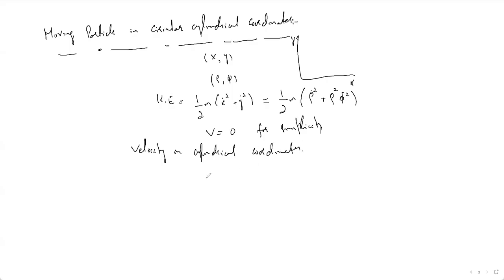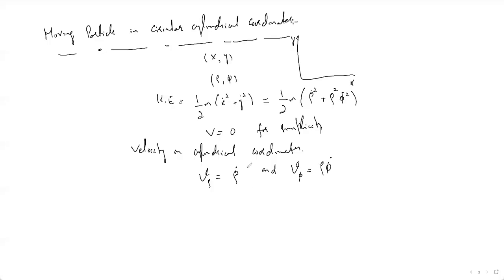The velocity along rho, v rho, will be equal to rho dot, the derivative of rho with respect to time. And the velocity along phi, v phi, will be equal to rho phi dot, that is rho times d phi by dt.